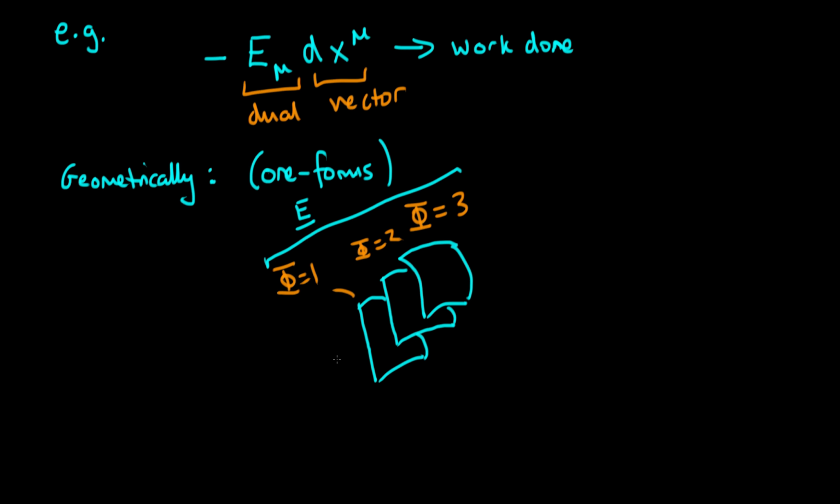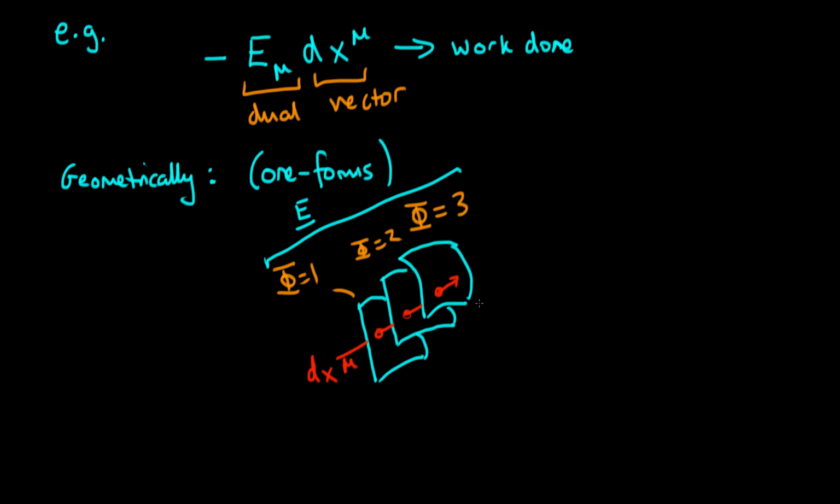So then we can use this one-form to act on a vector. Here we draw our vector as going through these various surfaces and then eventually piercing the last one. And just for clarity here, this red line here is dx mu. And essentially the number of surfaces that this vector passes through or punctures is what represents the work done.